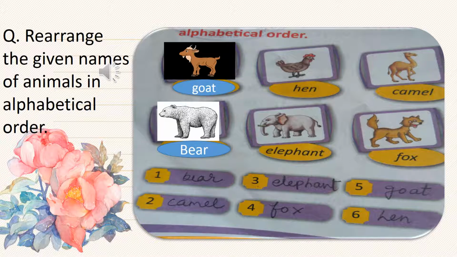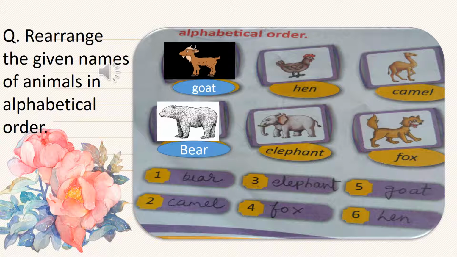In the same way, in English, after A comes B, after B comes C, after C comes D, after D comes E, after E comes F, then G, H, I, J, K, L, M, N, O, P, Q, R, S, T, U, V, W, X, Y, and Z.